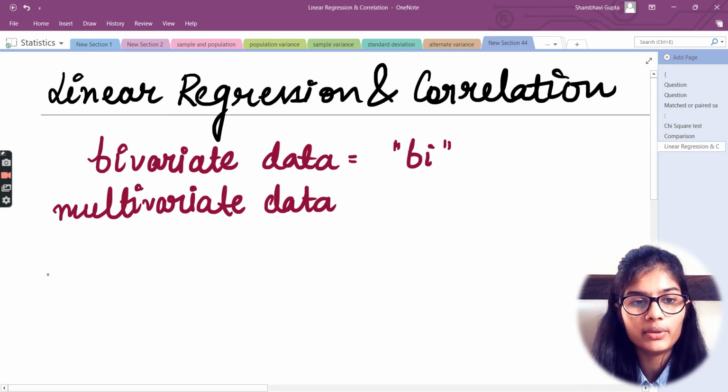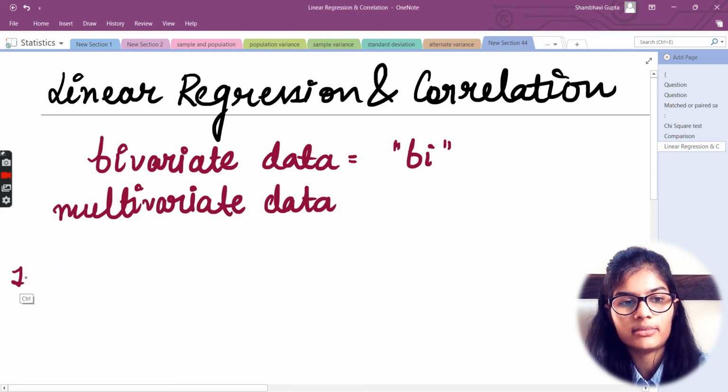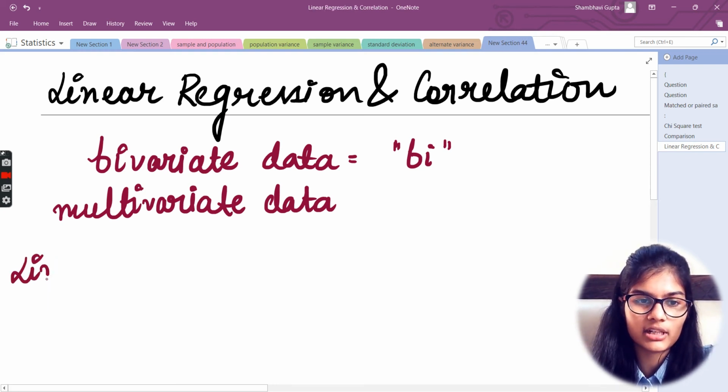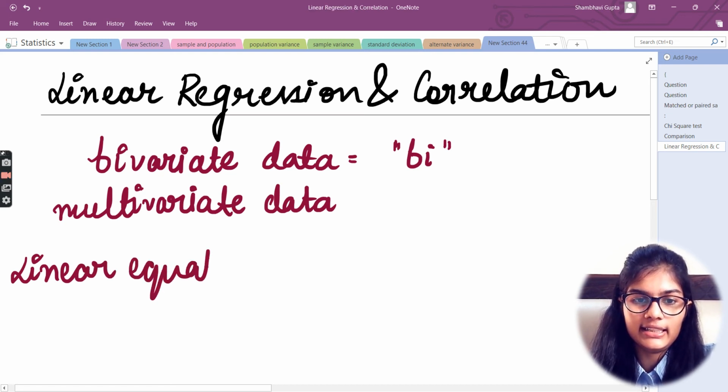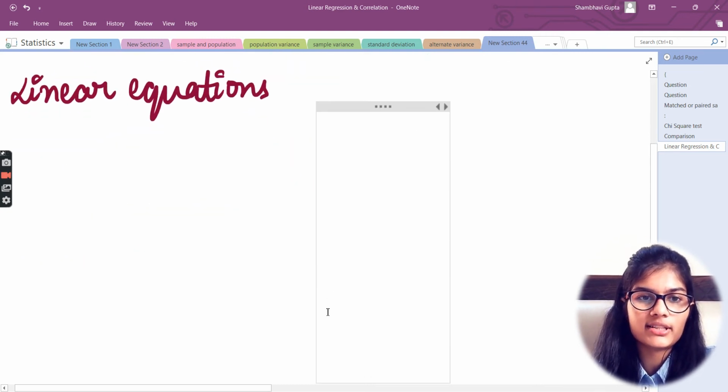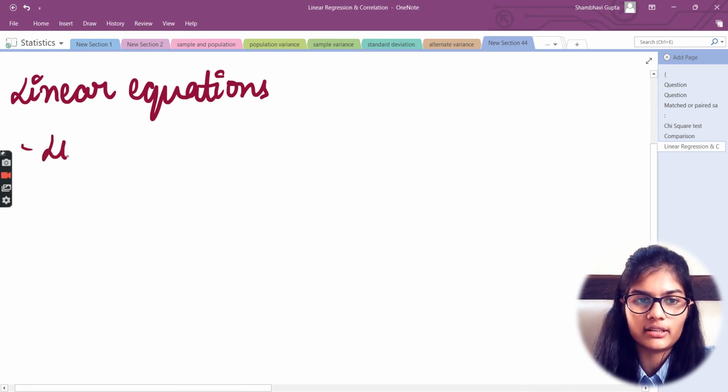Now I'll be taking you to the very first topic that I have right here, and that's linear equations. Okay, let's come down and start studying this.